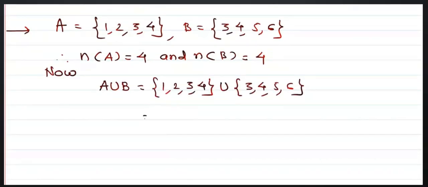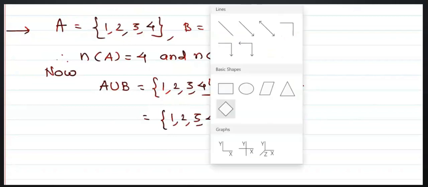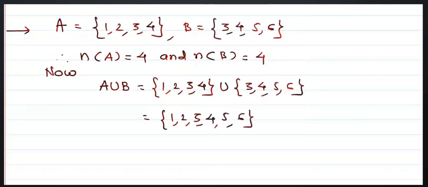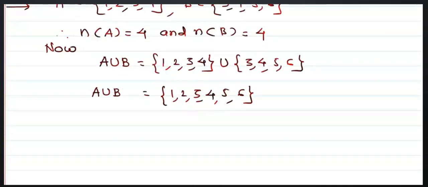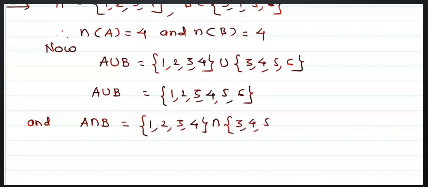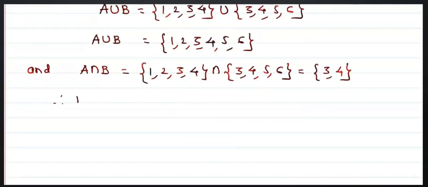A union B is {1, 2, 3, 4, 5, 6}. Therefore, N of A union B is 6.